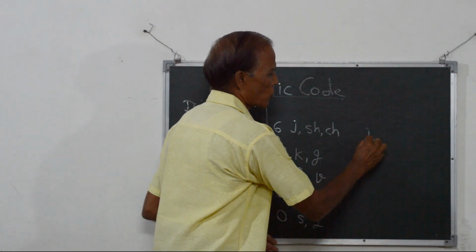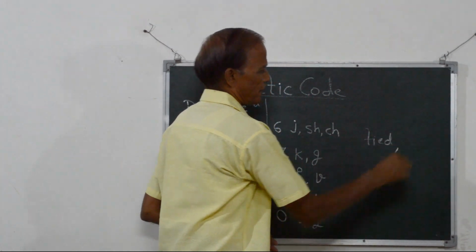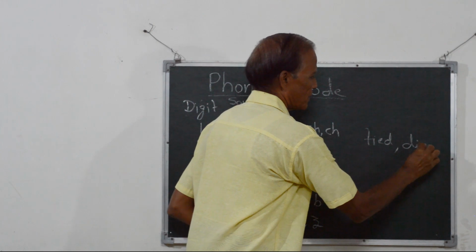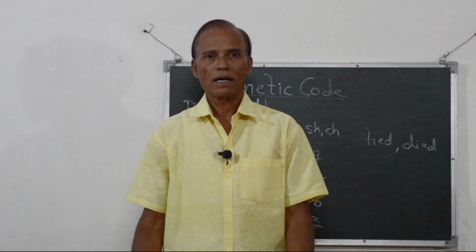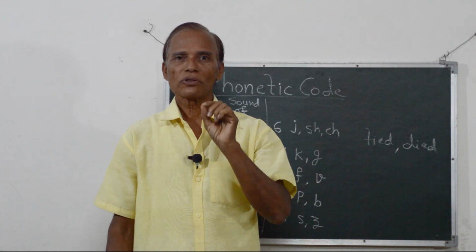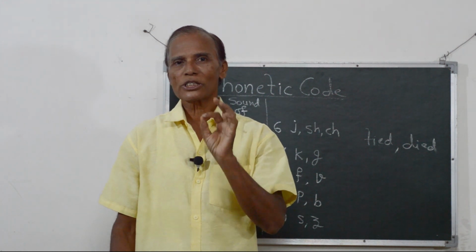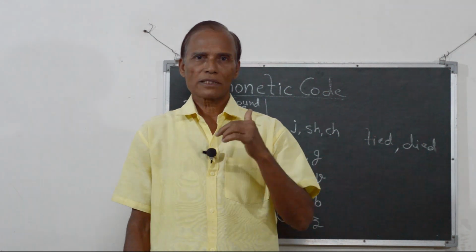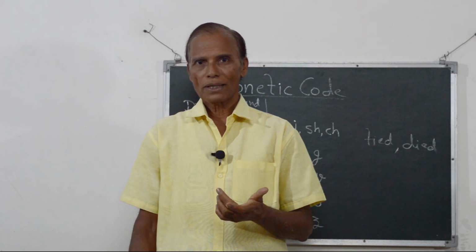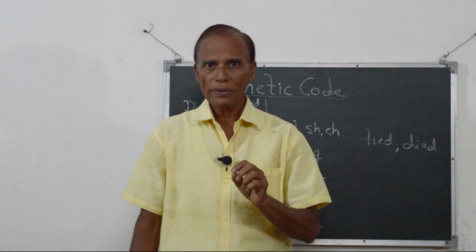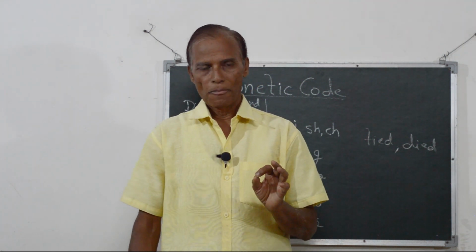Try to pronounce this word tide and died. Tide, died. See, your tongue will be at the same place. So the pronunciation of T and D will make the tongue movement in the same way.